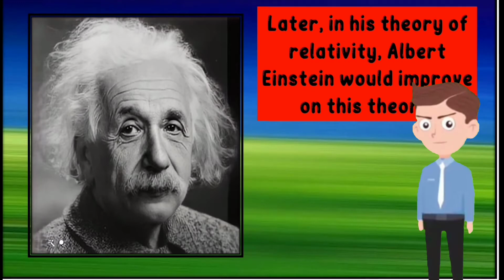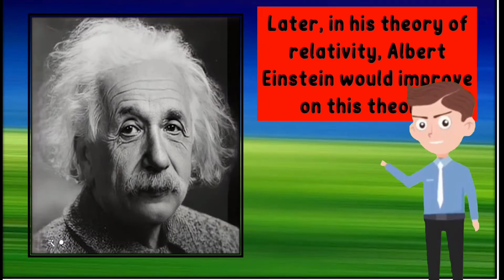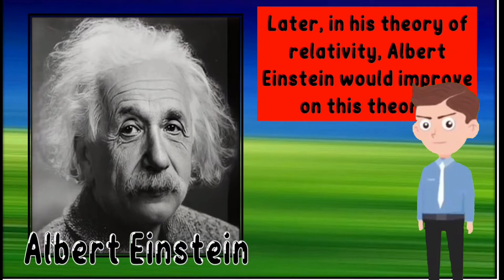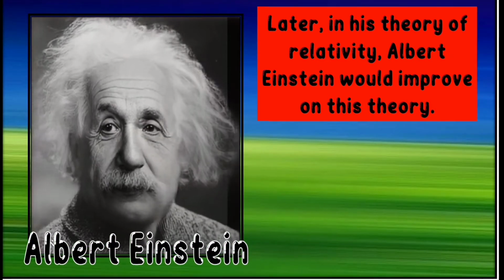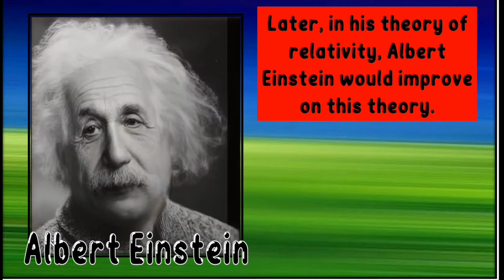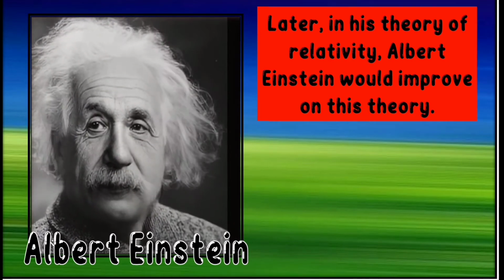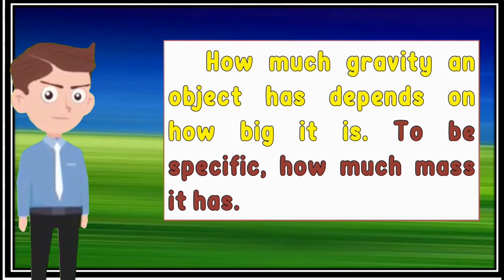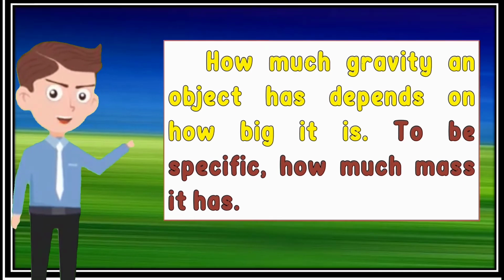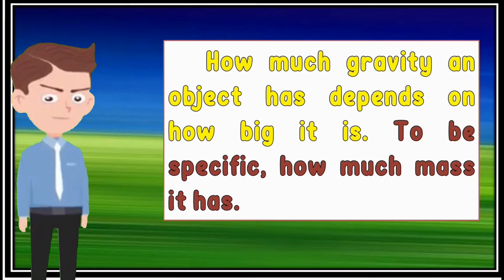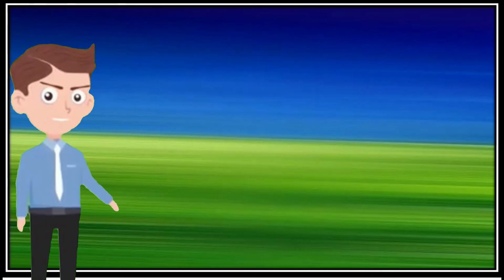But later, in his theory of relativity, Albert Einstein would improve on this theory. How much gravity an object has depends on how big it is, to be specific, how much mass it has.